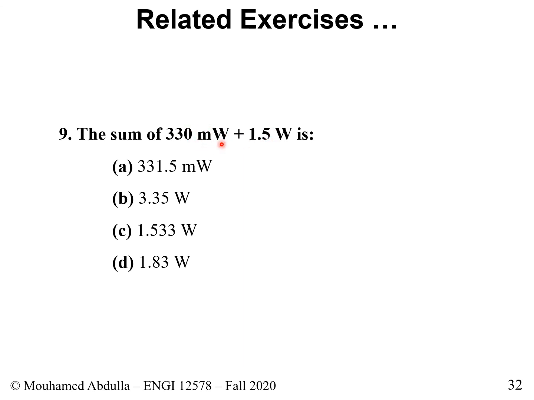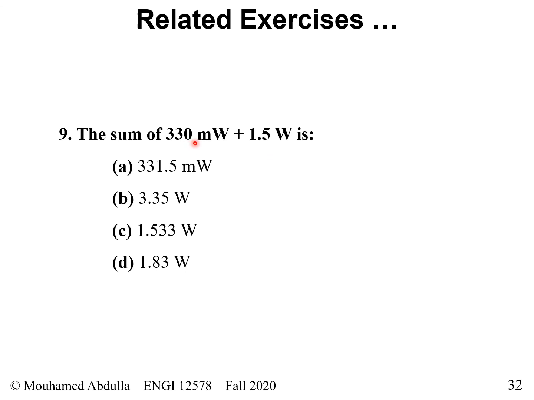Now the question is, what happens when you add them together? You have to make sure that the prefixes are the same in order for them to be added together. So this is in watts. You could certainly change this to watts as well.